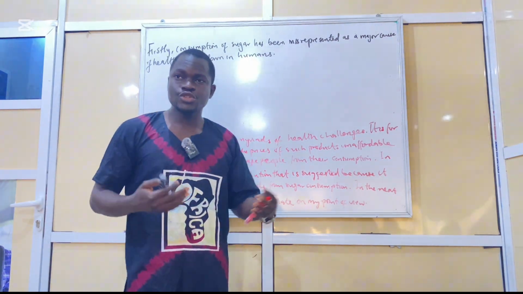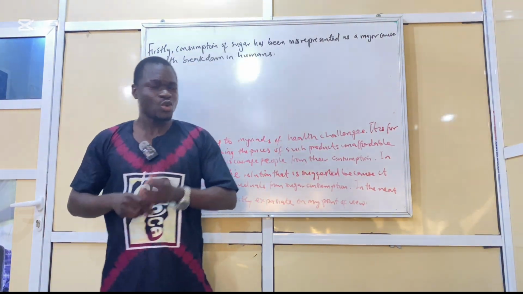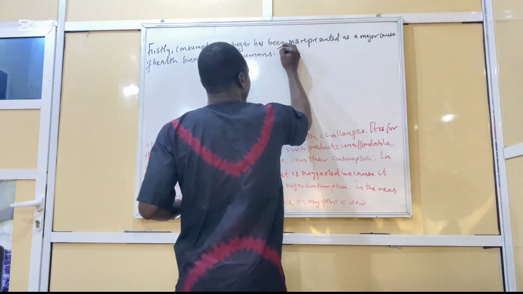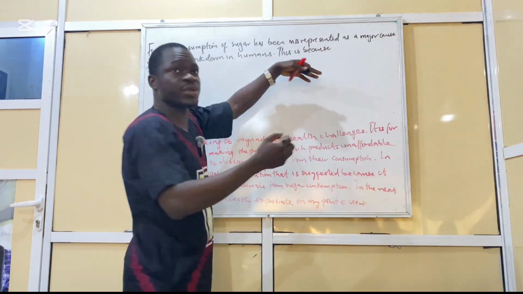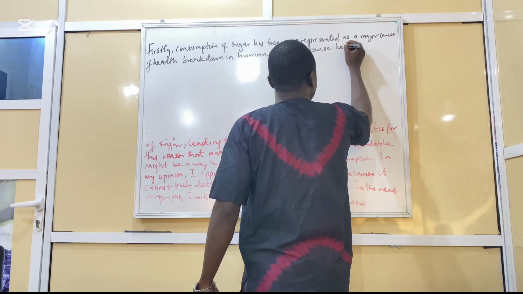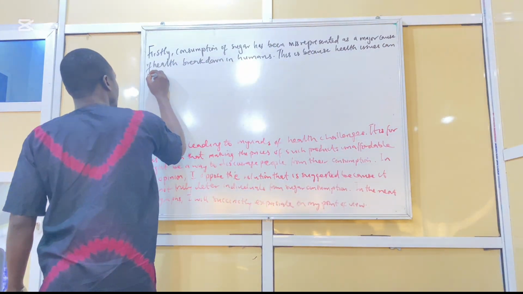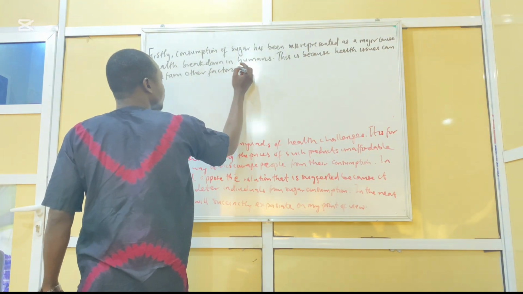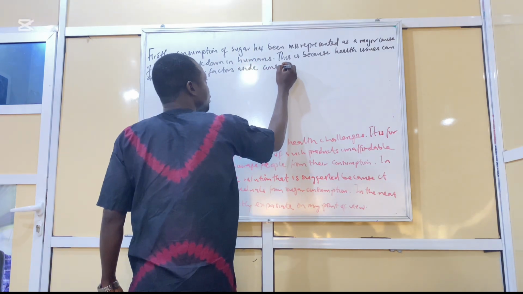Did you see? You need to work smart. So this is my point. I'm saying no, it's not just about sugar alone. This is my main point. Then I will now give 2 or 3 supporting sentences to corroborate it. This is because health issues can arise from other factors aside consumption.